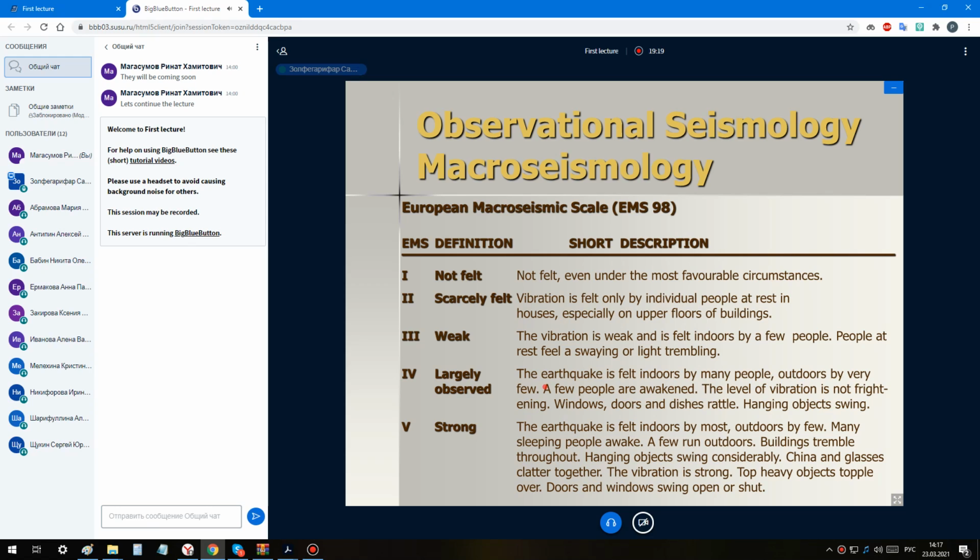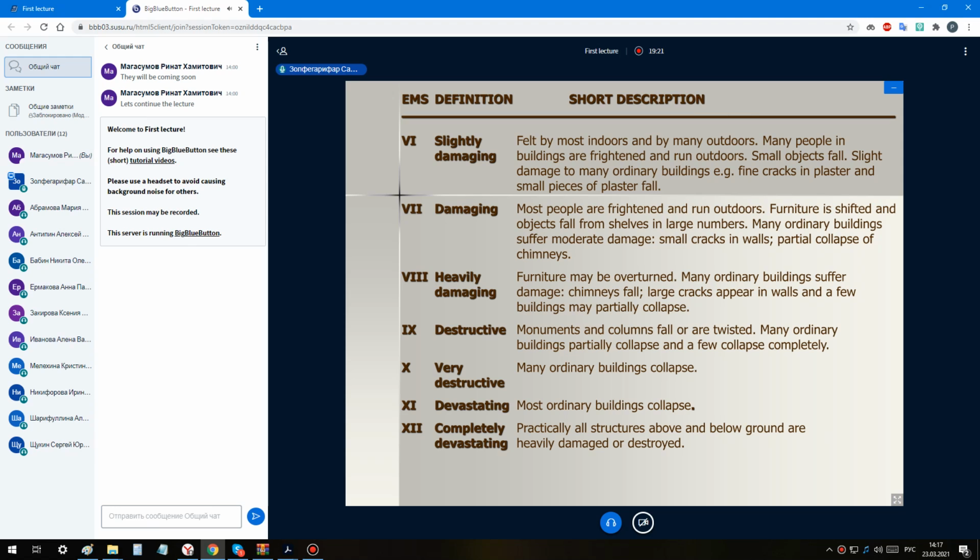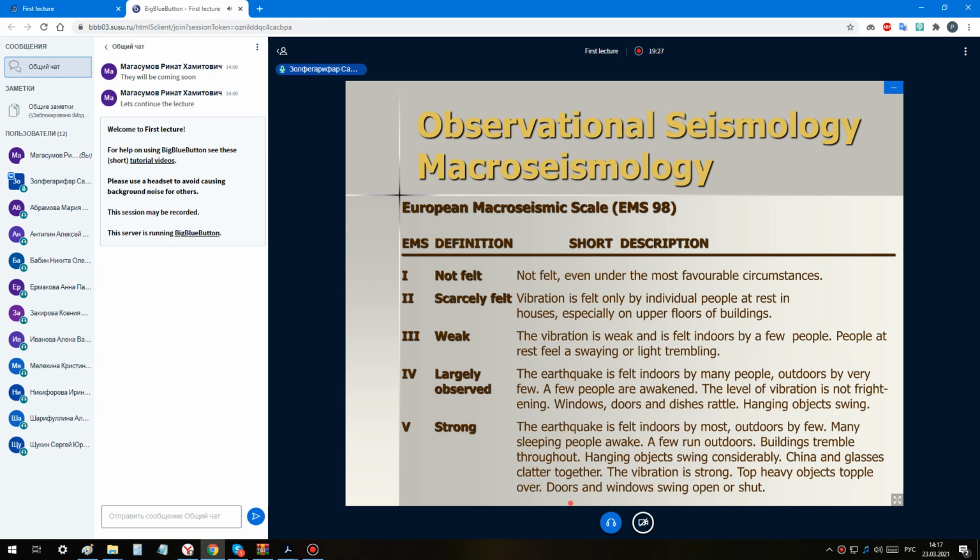The next slide shows 6 to 12 of the EMS standard, with the definitions in column 2 and short descriptions of each level in column 3.